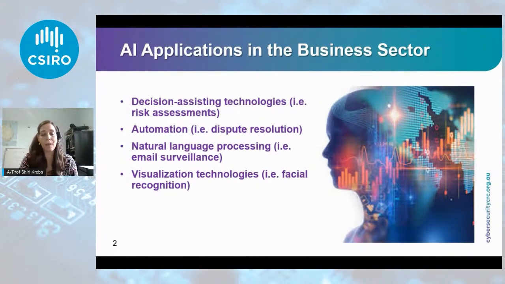Another type of AI-based application in the business sector is technologies used for automation of processes. So instead of having human elements in each and every part of the process, we just provide some automation for these processes in order to make sure that they can run smoothly and perhaps sometimes without the human element in them.